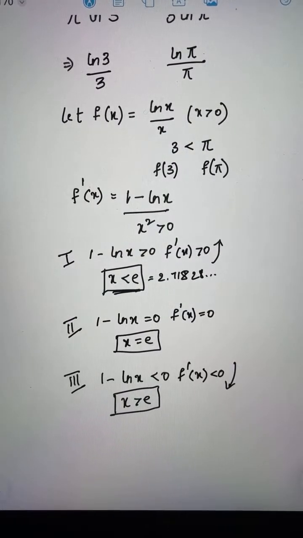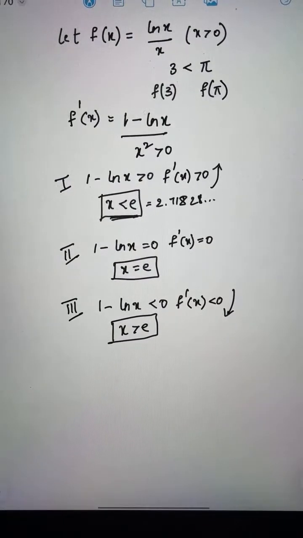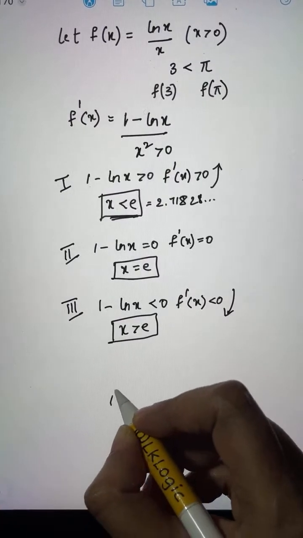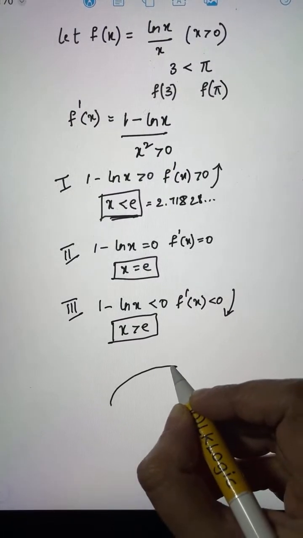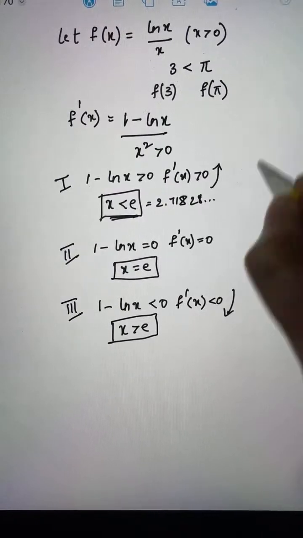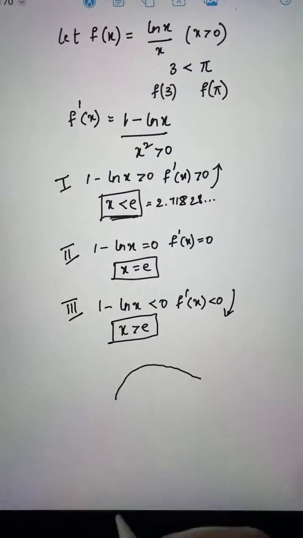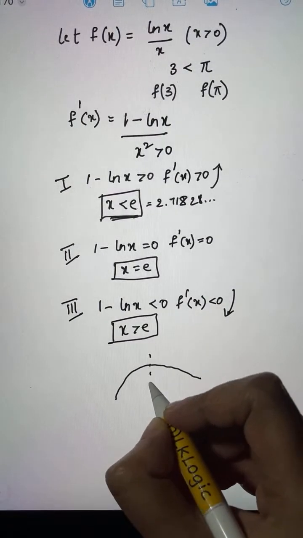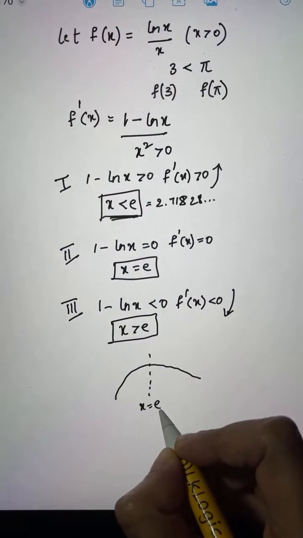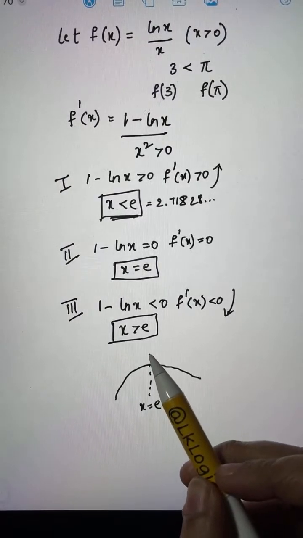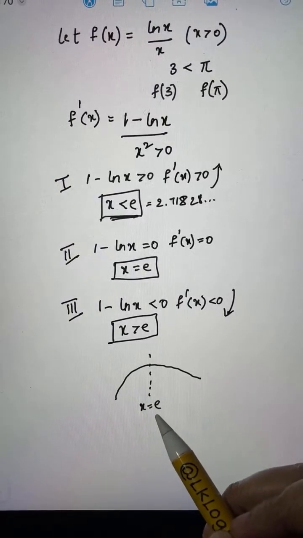Okay, so can we graph this? One second, let's go up. If we graph this, it will look like this. So x equal to e is the point where the derivative is 0 and it is a local maximum value.